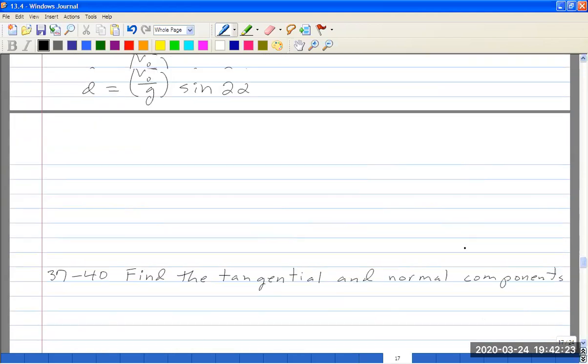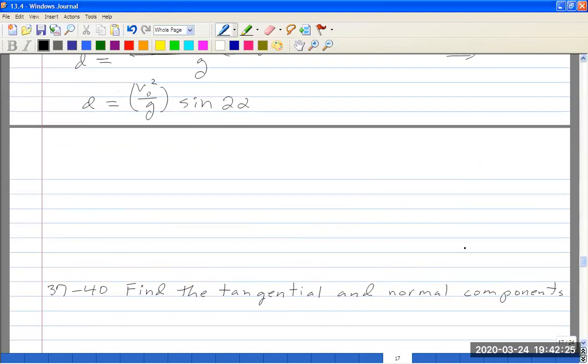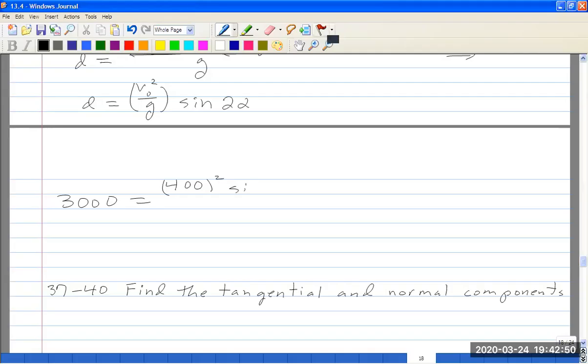So the distance is 3,000. Initial velocity 400. Don't know the angle yet. Sine of 2 alpha.